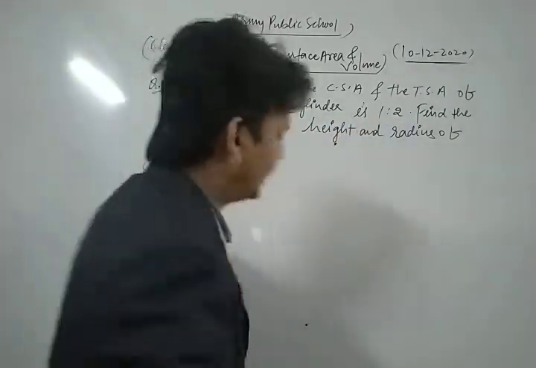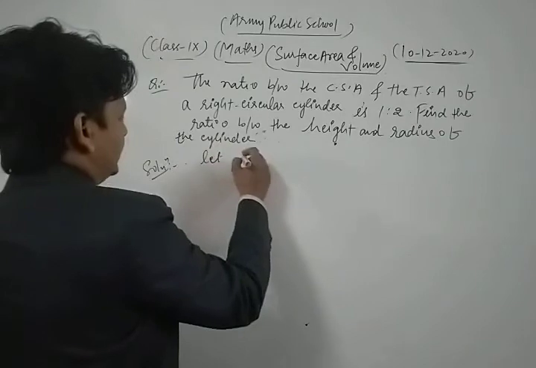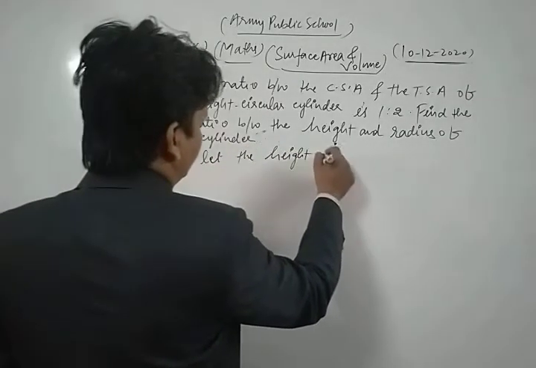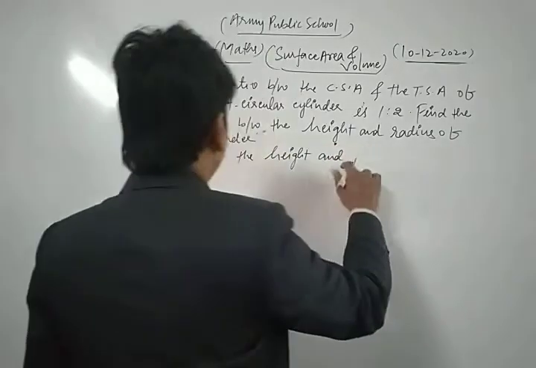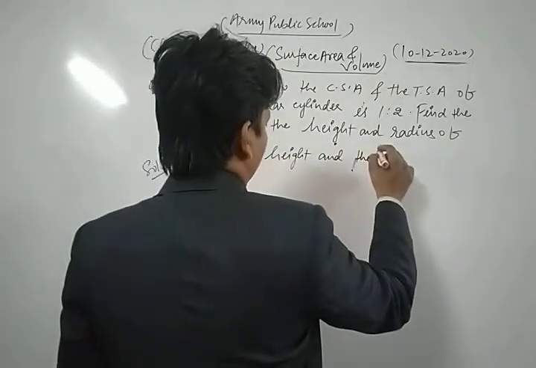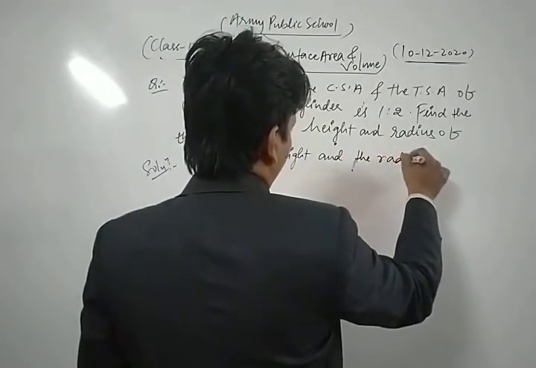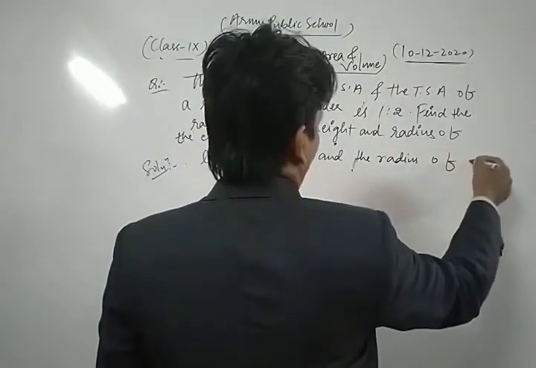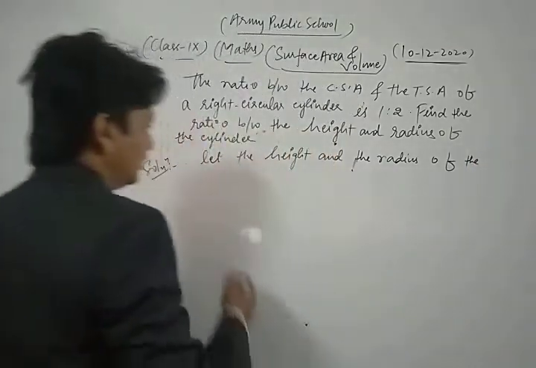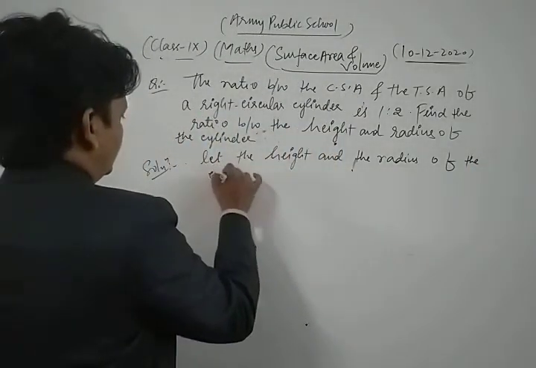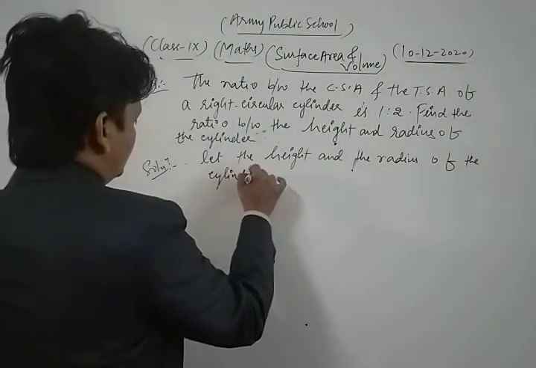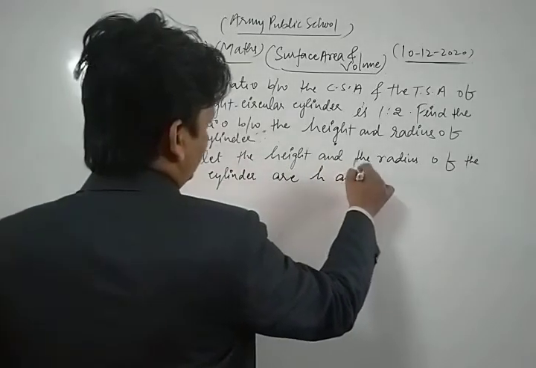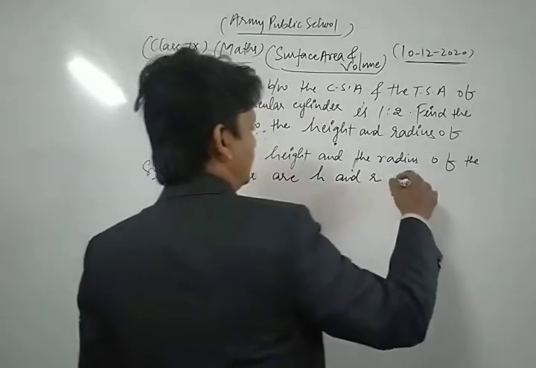So first of all, let the height and the radius of the cylinder be H and R respectively.